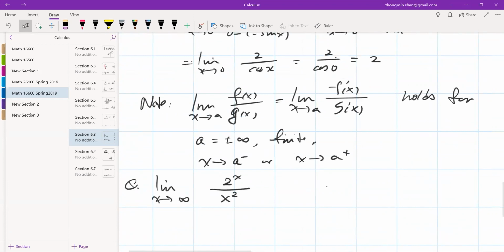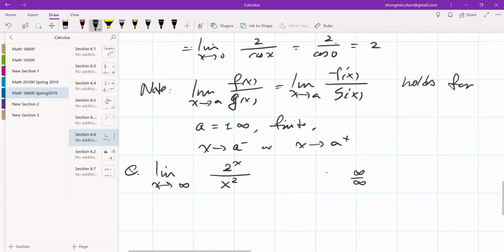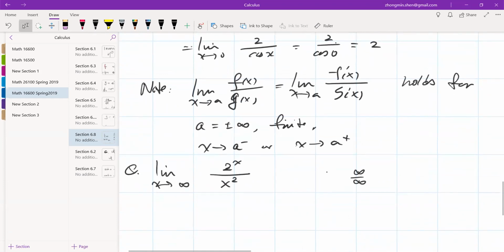So first of all, it is going to be infinity over infinity type. So I can apply L'Hopital's rule. I differentiate, and that's going to be 2 to the x, natural log of 2, over 2x.